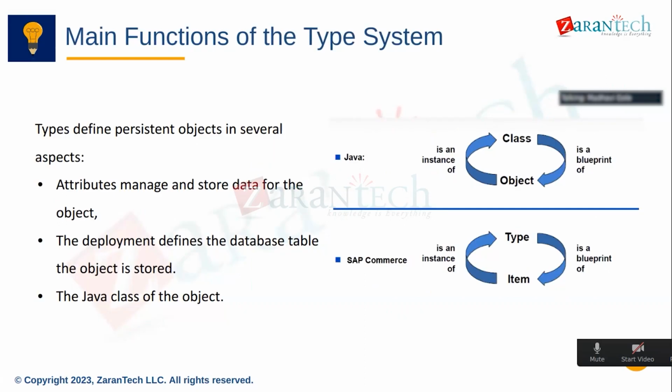There are some people who came from the Java background, like you. Some people are coming from the .NET background. Some came from Python. So based on their technology, I reshuffle this diagram and everything. In Java, an object is an instance of a class, right?